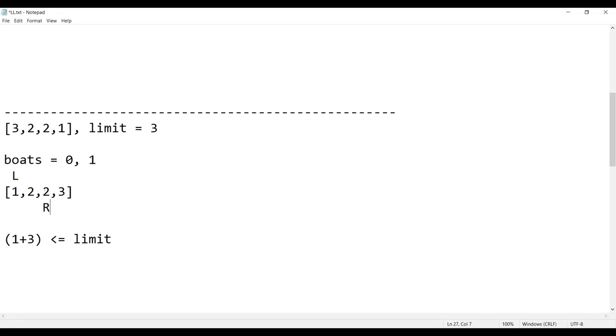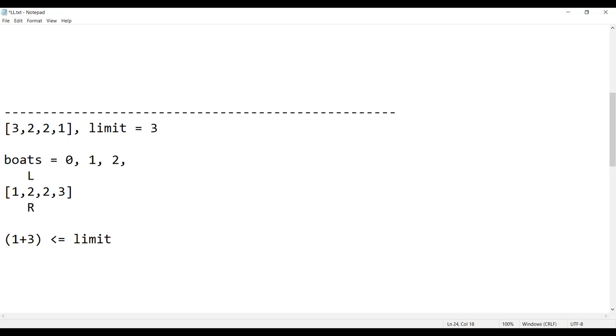So again, I'll compare 1 plus 2, whether it is less than or equal to the limit. It is, so they both can go in a single boat. Then I will increment the boat counter, decrement R, and increment L. When the left and right pointers are on the same element, it means there's only a single person, so he will need a separate boat.